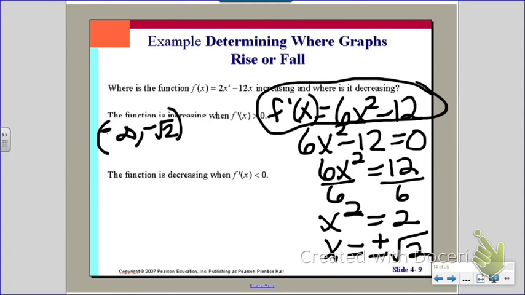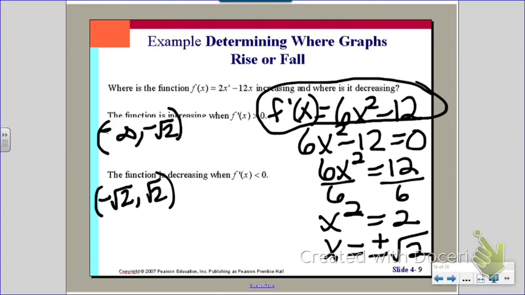Between negative and positive square root of 2, an easy one to check is 0. 0 squared is 0, times 6 is 0, minus 12 would be negative 12. That was negative, so that's the decreasing side. So from negative square root of 2 to positive square root of 2, the function is decreasing because the derivative is negative.